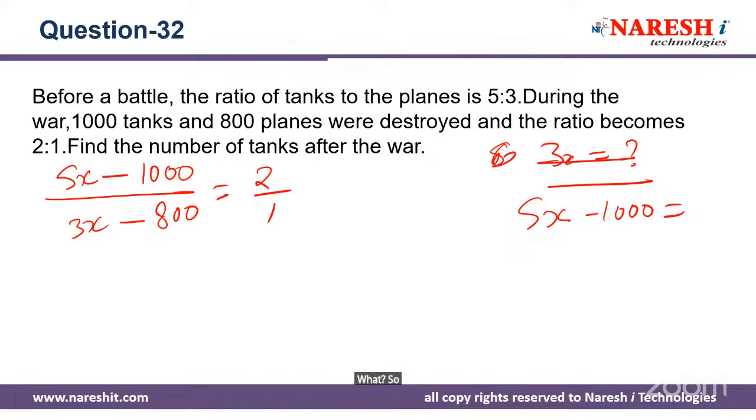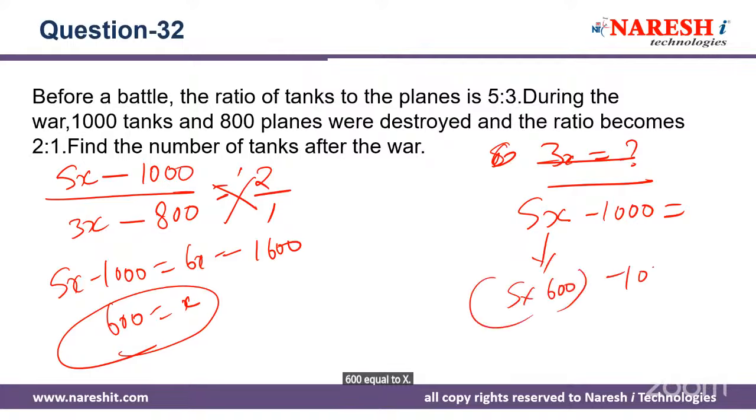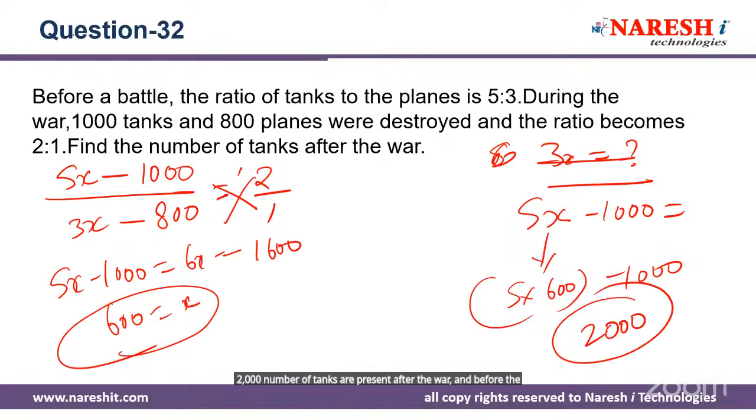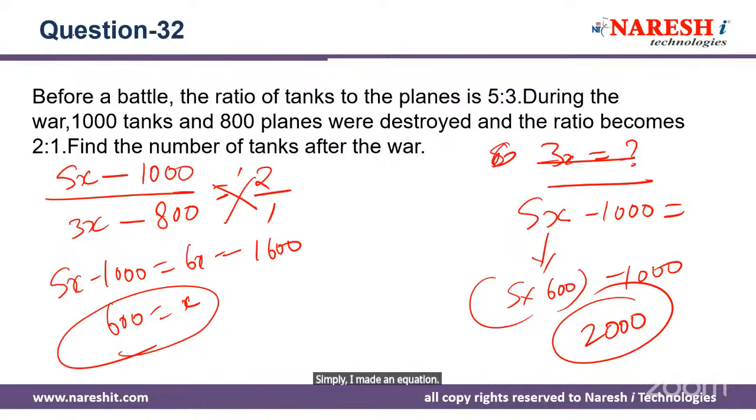Solving both the equations, cross multiply. 5x minus 1,000 equal to 6x minus 1,600. 600 equal to x. 2,000 tanks are present after the war, and before the war there were 3,000 tanks. Simply I made an equation equated to 2:1, cross multiplied, you will get your answer.